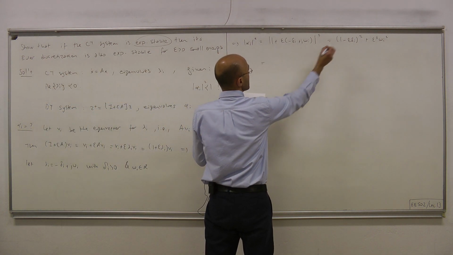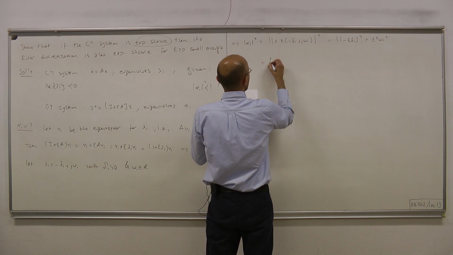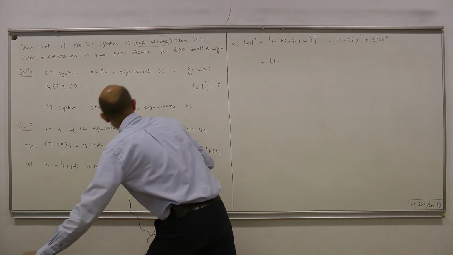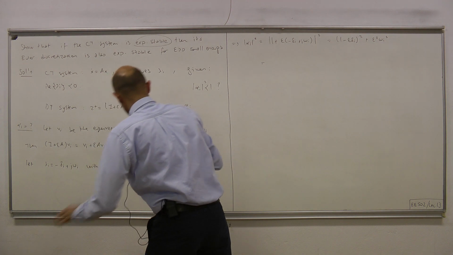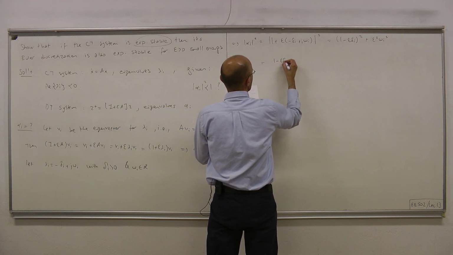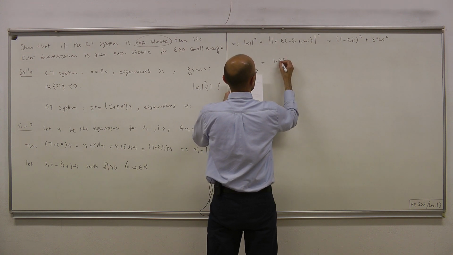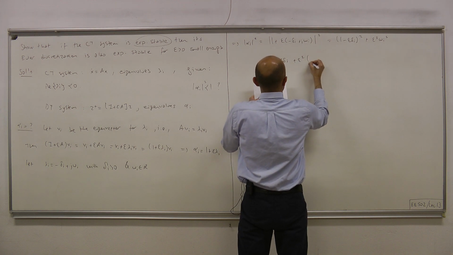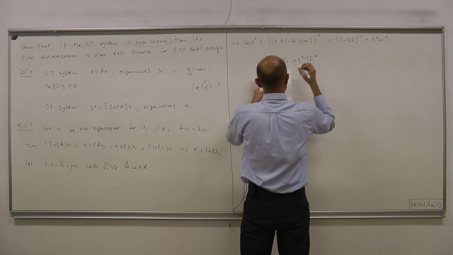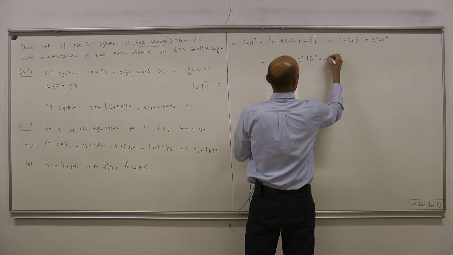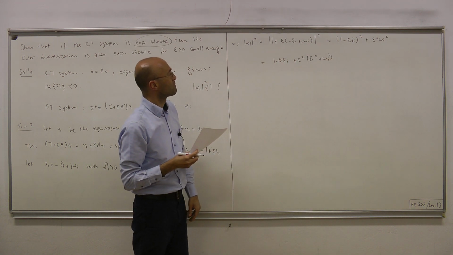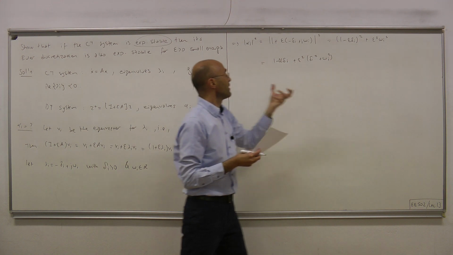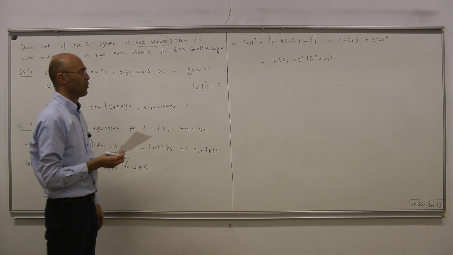Okay, so that thing can be written as 1 minus 2 epsilon delta I plus epsilon square delta I square plus omega I square. Okay, so we just wrote the square here in open form, and then we collected certain terms.